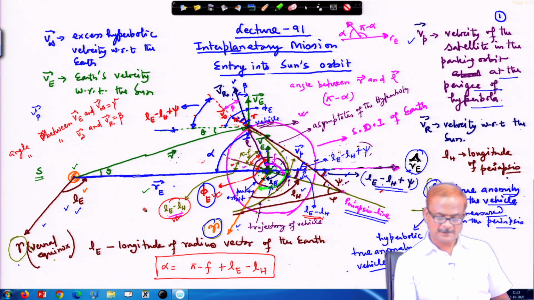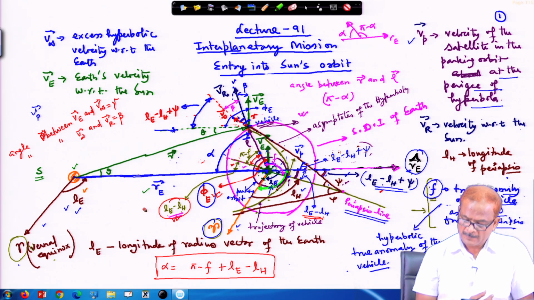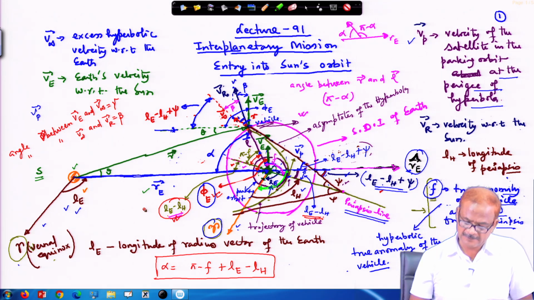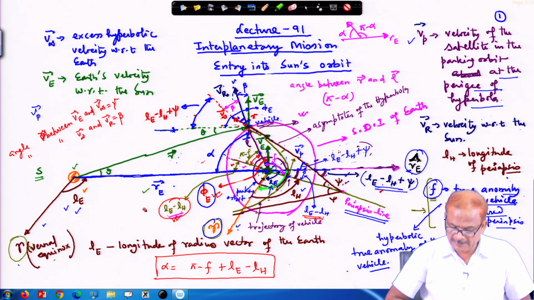So, based on this, now we can start writing the equations for the various angles and the relations. The figure looks very complicated, but it is not very complicated.